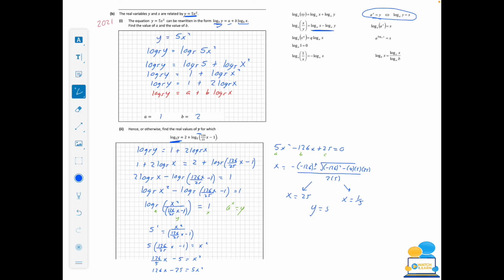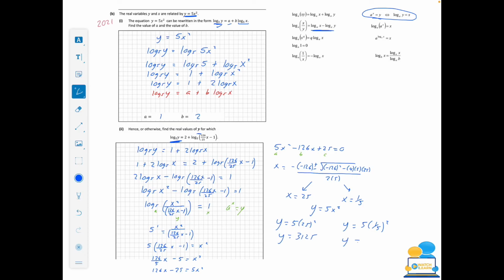So now we need to find a way to make those x's y's. If we go right back up to the top of the question, it says y is equal to 5x squared. So I'm just going to do that. y is equal to 5 by 25 squared, or y is equal to 5 by 1/5 squared.